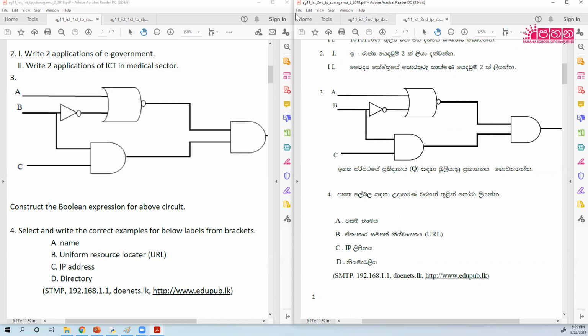We call it telemedicine. Yes, good one. Telemedicine.